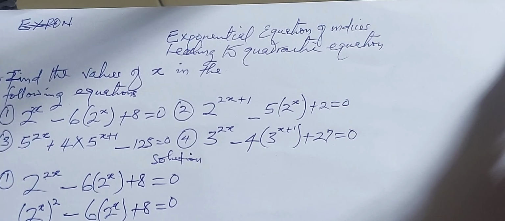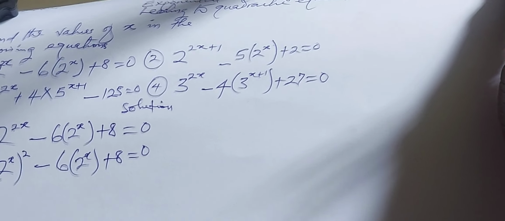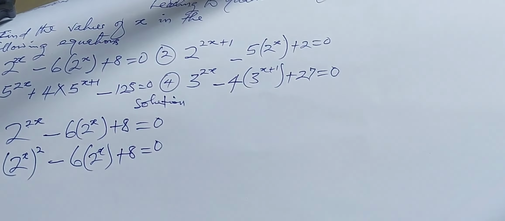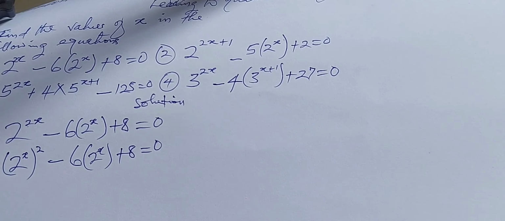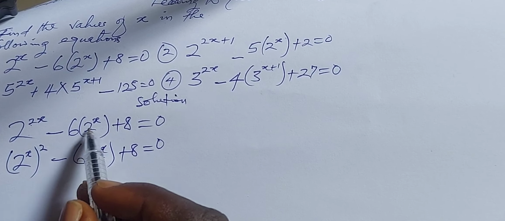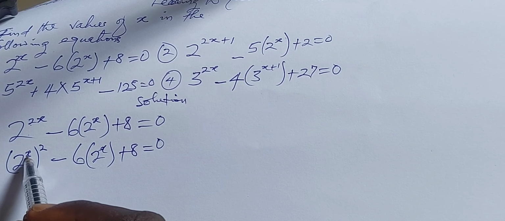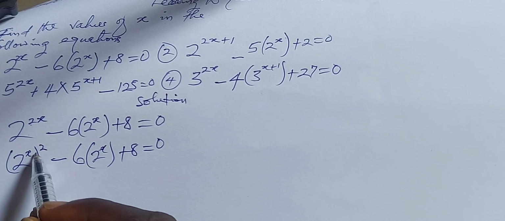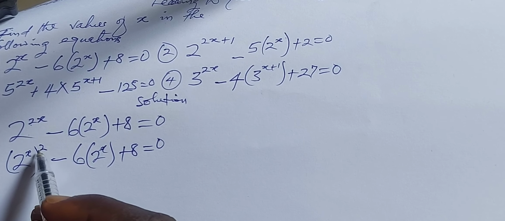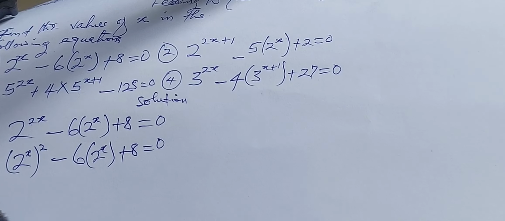So it is simple, and let's follow it closely. Now we have gotten this to look like this. The 2 raised to the power of 2x has now been separated to 2 raised to the power of x bracket power 2. If you multiply 2 times x, you will still return to the original question.